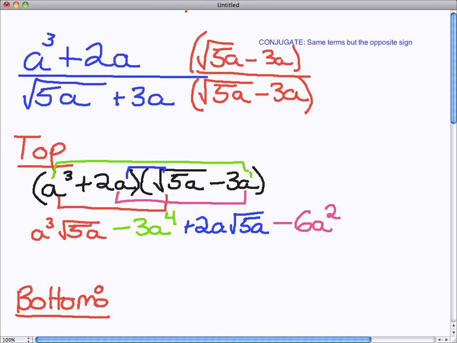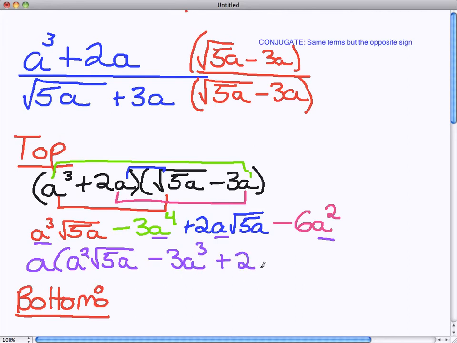Now that's a lot of algebra going on, but I do notice that each term has something in common, the letter a. So I'm going to take an a out because I think that's going to help me simplify in the end. That leaves me with a squared square root 5a minus 3a to the third plus 2 square root 5a minus 6a.